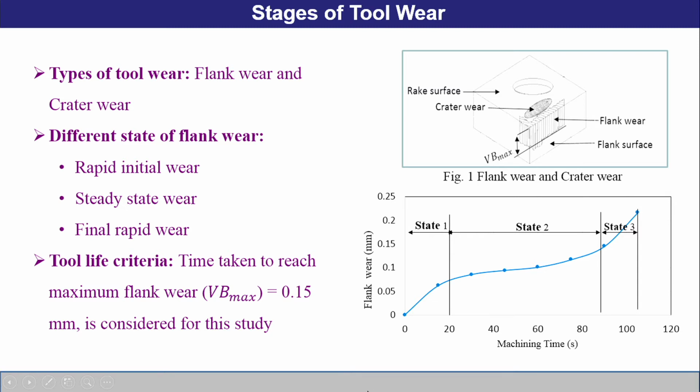As I told you, initially it is linear, then it is more or less steady, and then it is exponential. So I can break it into these three parts and model it piecewise: linear, again linear, and then exponential in nature.